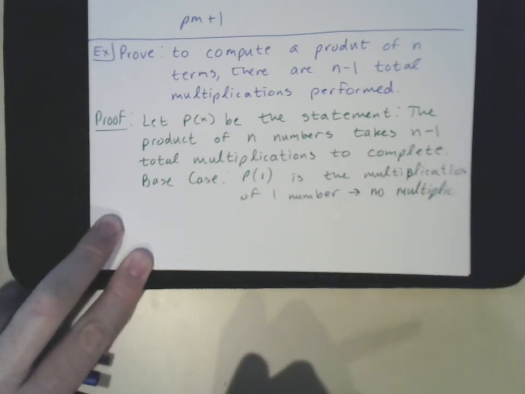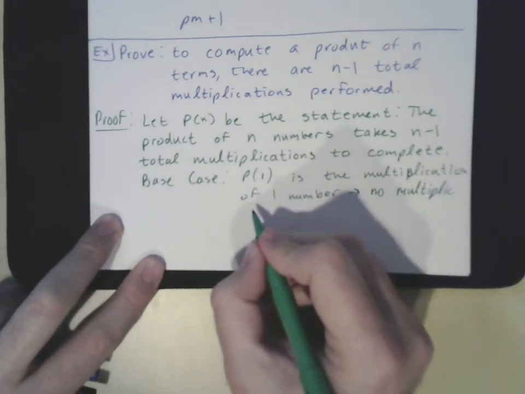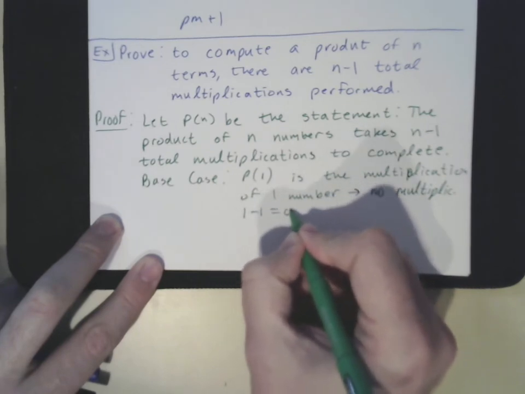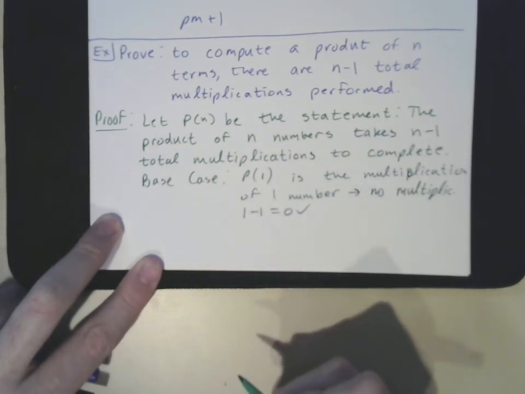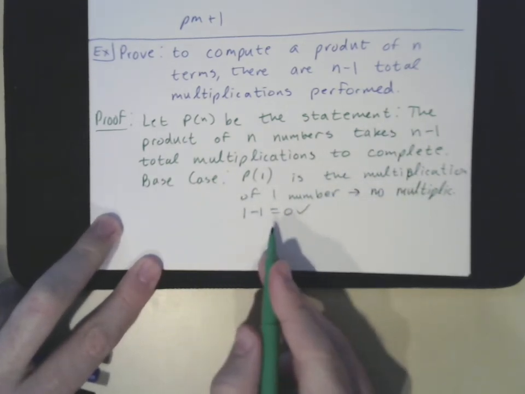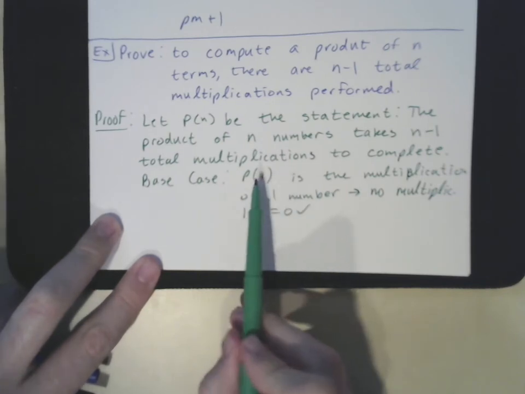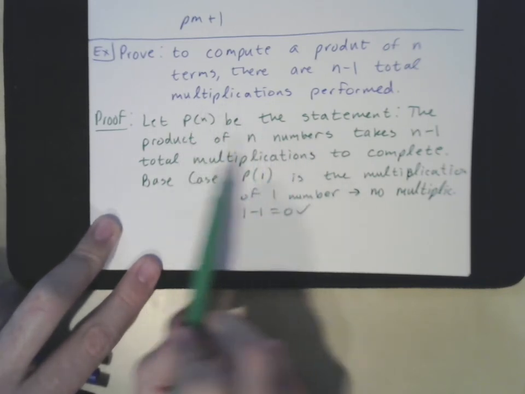So 1 minus 1 does equal 0. That's true, but this isn't actually useful to us because we need to multiply multiple numbers.